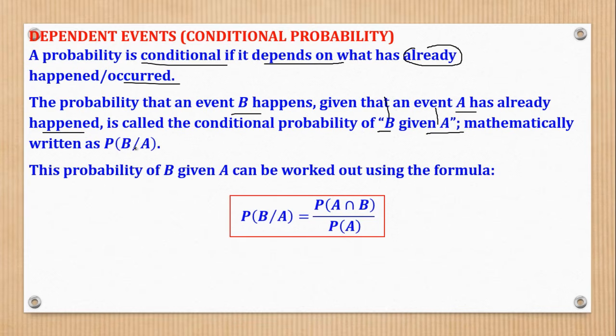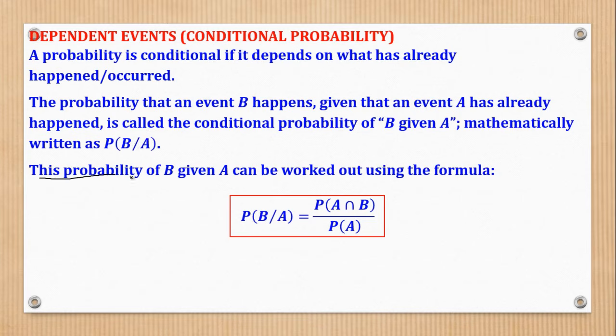So probability of B/A means probability of B given that A has already occurred. So when you see this slash, just remember that it is a conditional probability. Some students confuse it and they think it is B divided by A, which is not okay.